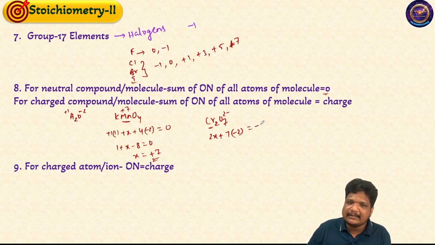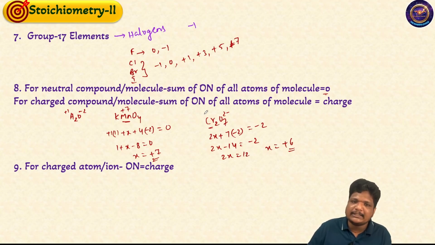The sum of the oxidation states of all elements is equal to its charge. So 2x minus 14 is equal to -2, so 2x is equal to 12, so x is equal to +6. Each chromium in the dichromate ion has a +6 oxidation state.